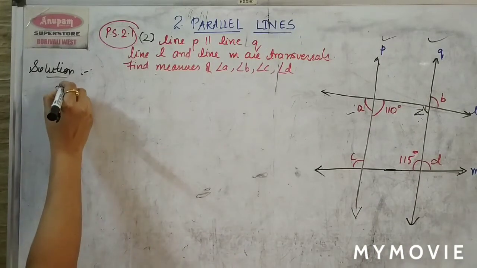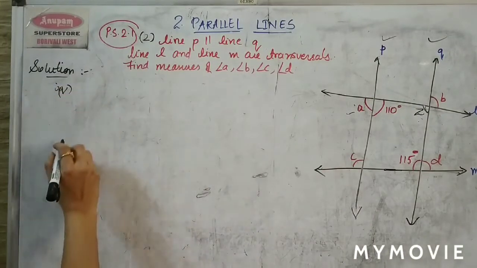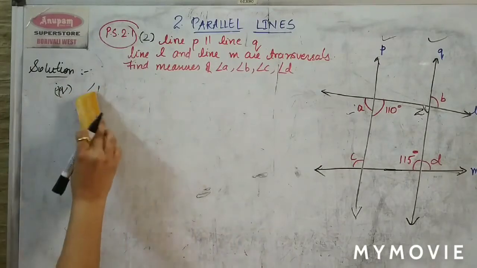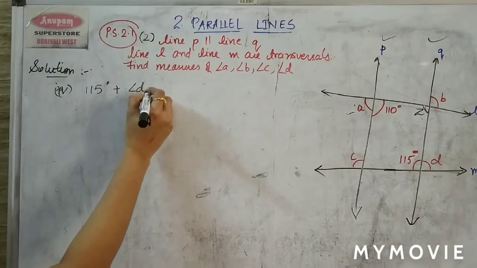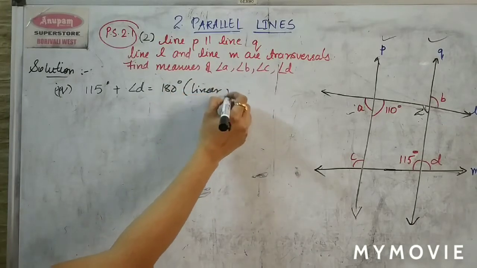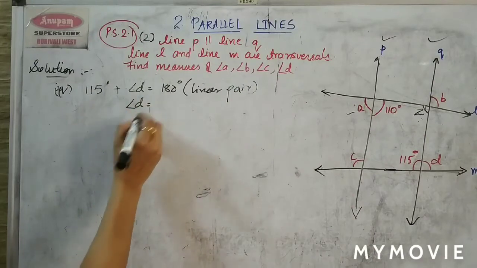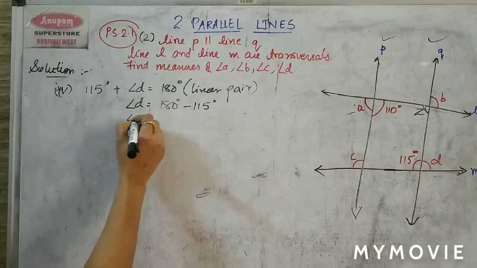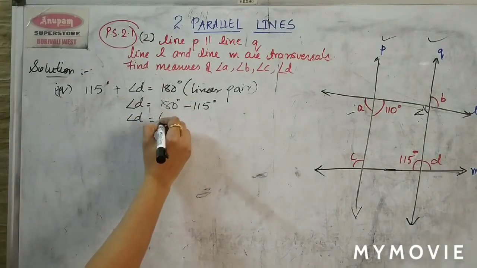Yes, children, and therefore I will say that in the fourth part, angle 115 plus angle D is equal to 180 degrees. Linear pair. Angles in linear pair or linear pair, both will do. So angle D is equal to 180 degrees minus 115. So when you calculate this, you will get the answer as 65 degrees.